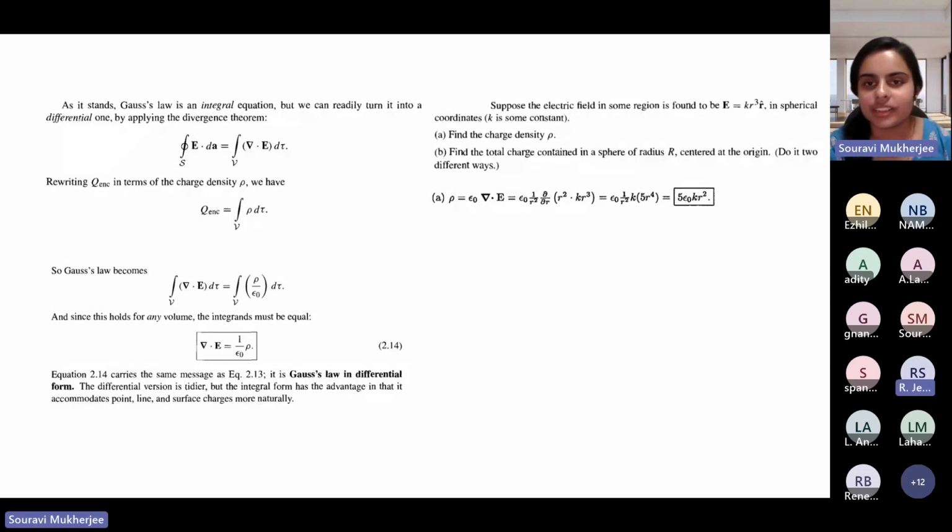Okay, fine. Anyways. So now what you can do is you find the divergence of E, you multiply by epsilon naught, and this gives you rho as a function of R. That is your radial quantity, right? Clear? And now that you know rho, how to find the total charge?